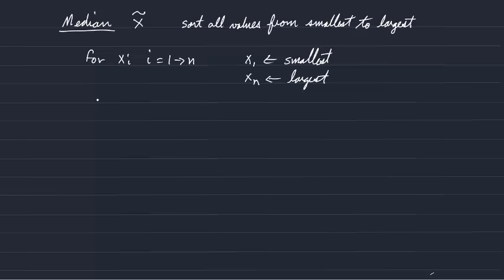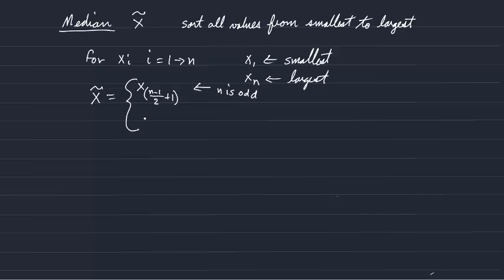And in that case, the sample median is equal to the middle value of the sorted array, and the middle value is (n minus 1) over 2, plus 1, if n is odd.